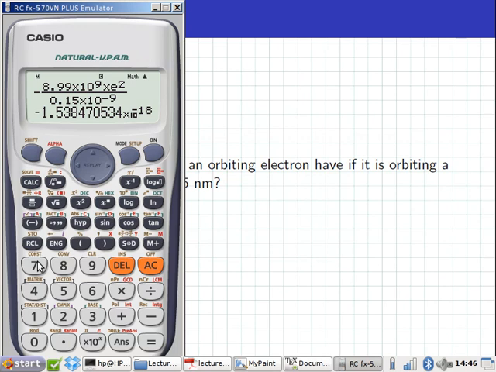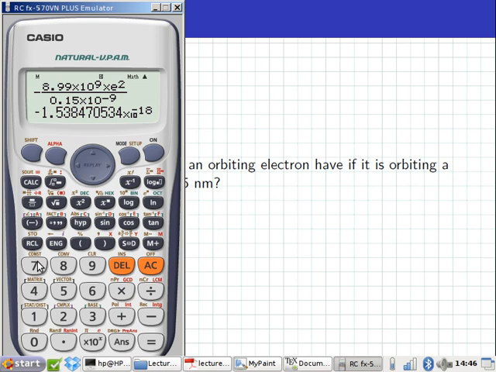Now, because this energy level is so small, rather than using joules, what would be a more appropriate unit, perhaps? Picojoule? Femtojoule? No. Remember, we have a special unit, electron volts. How do I convert this into electron volts?